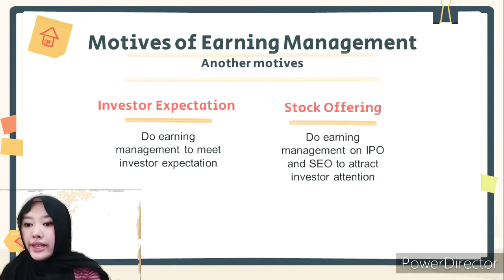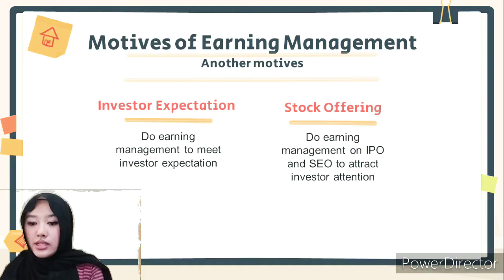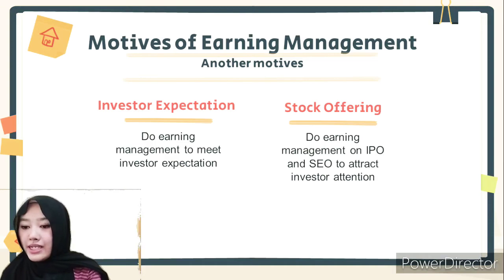And the second one is stock offering. Managers do earnings management on IPO and SEO to attract investor attention. On initial public offering or IPO and seasoned equity offering or SEO, financial reporting is the primary information for the investor, especially the company's earnings, because it will be used by investors to forecast the company's future performance.